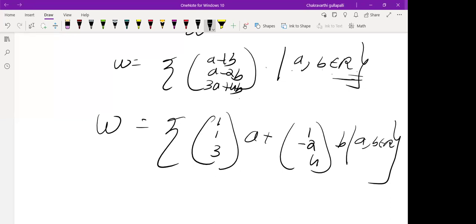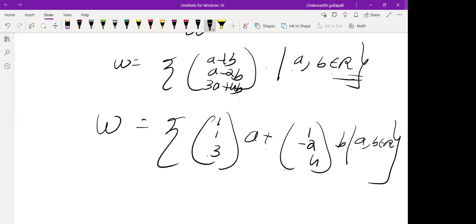But all the infinite number of vectors can be written as a linear combination, in the form C1 U1 bar plus C2 U2 bar. Whenever W is written in this form, that is what is called the linear span.